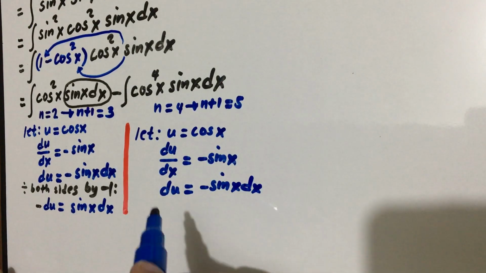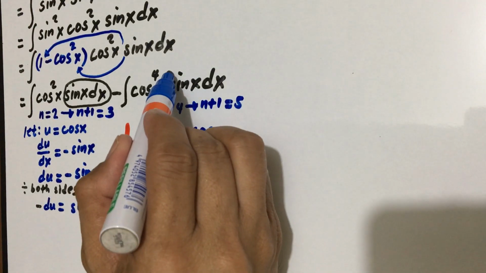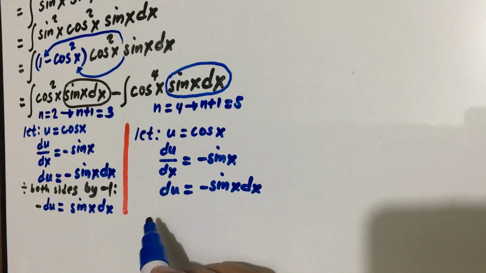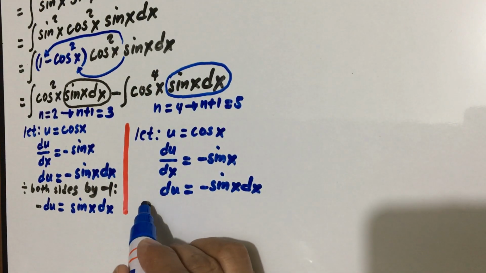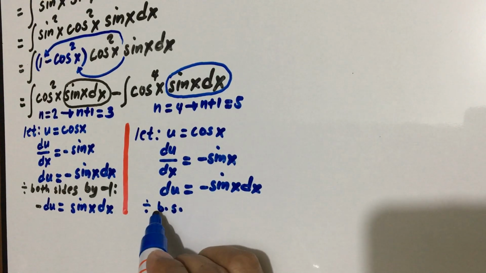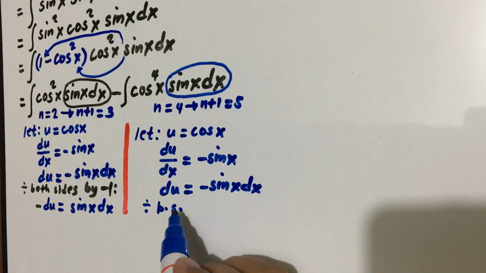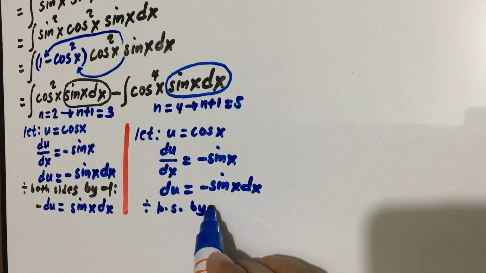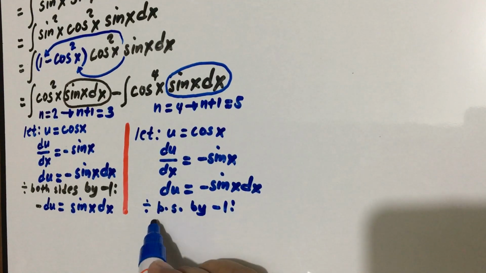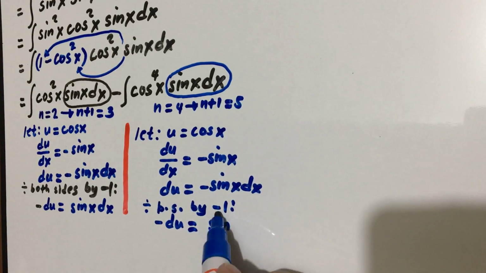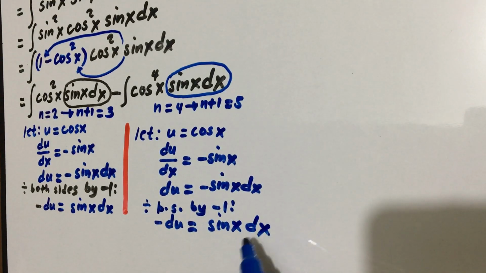And similarly, since we need positive sine x dx, we have to divide both sides by negative 1. So this becomes negative du equal to positive sine x dx. Okay?